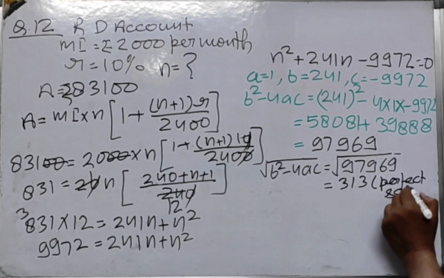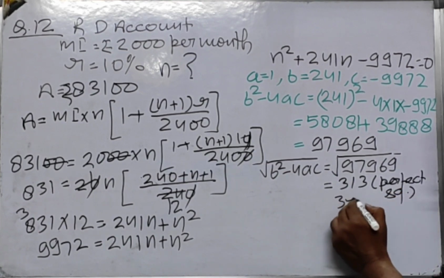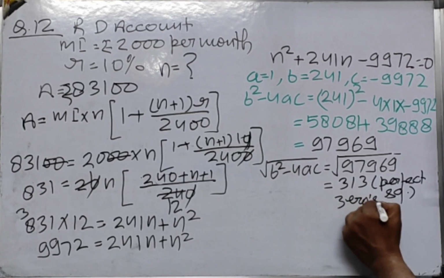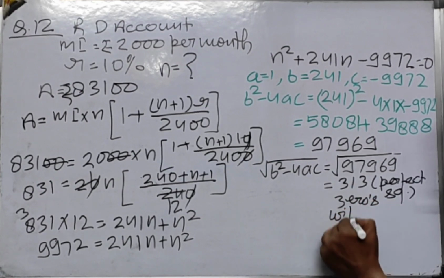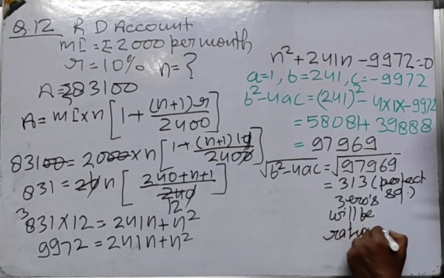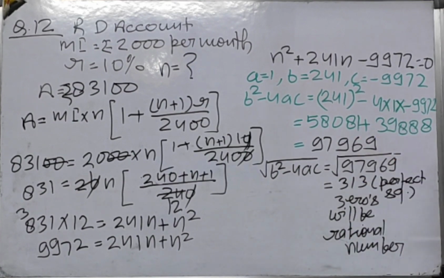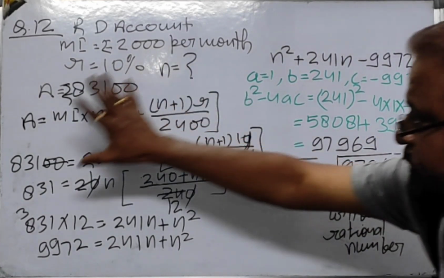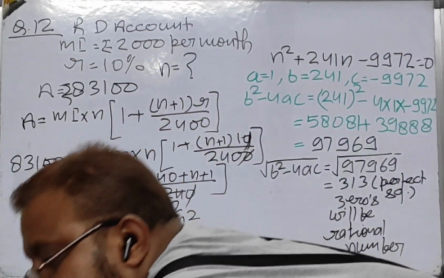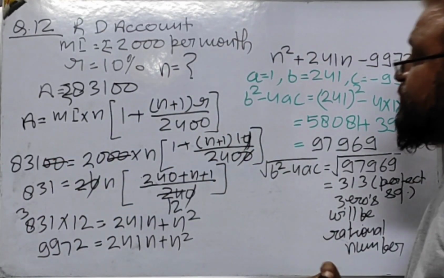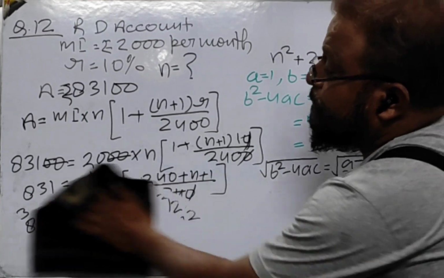Perfect square, so the roots will be rational numbers. Right? Is this what you have done? Should I rub this part? Due to the crisis of space, I have to rub this part.